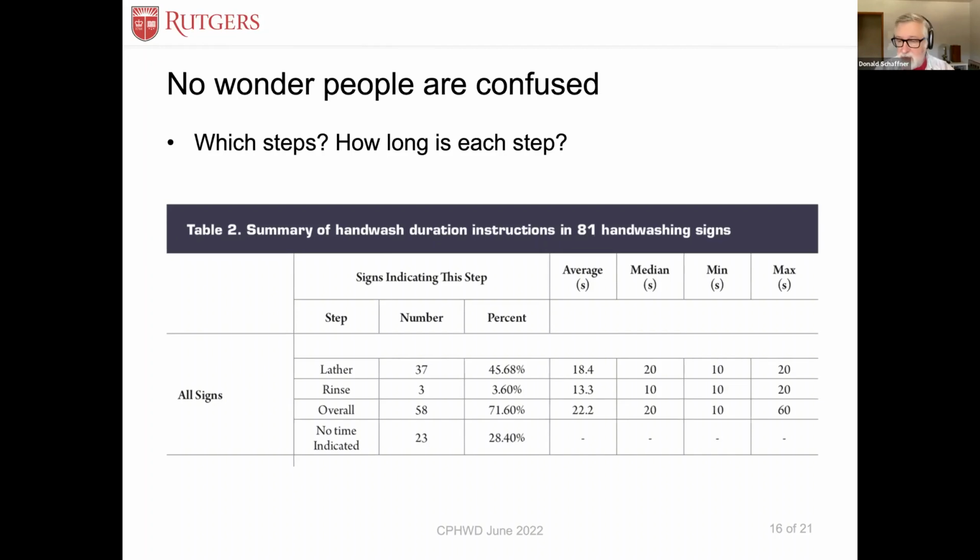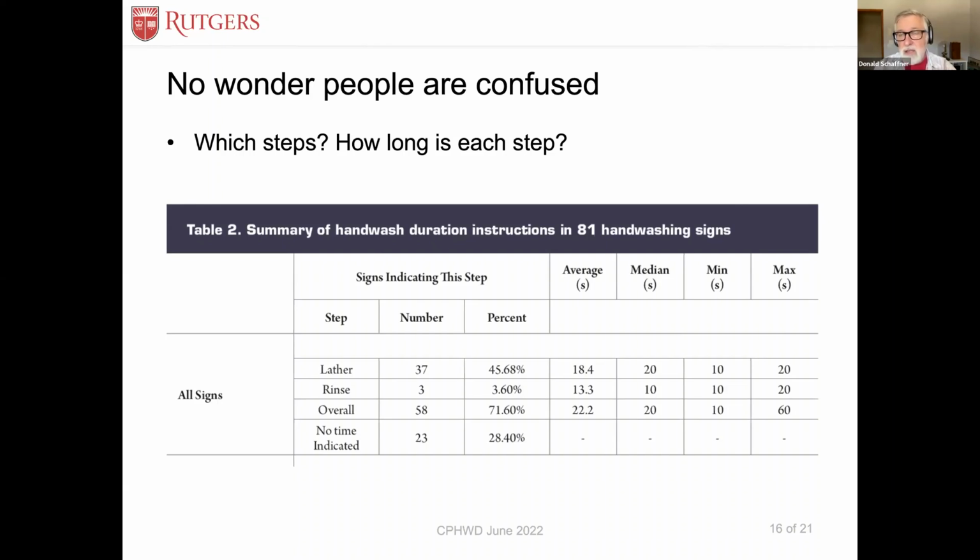But you can see that the times differed between the different signs. An average lather time of 18 seconds, a rinse time of 13 seconds, and an overall time of about 22 seconds, with the median, min, and max as you see there. And there was even one sign that recommended that people wash their hands for 60 seconds.